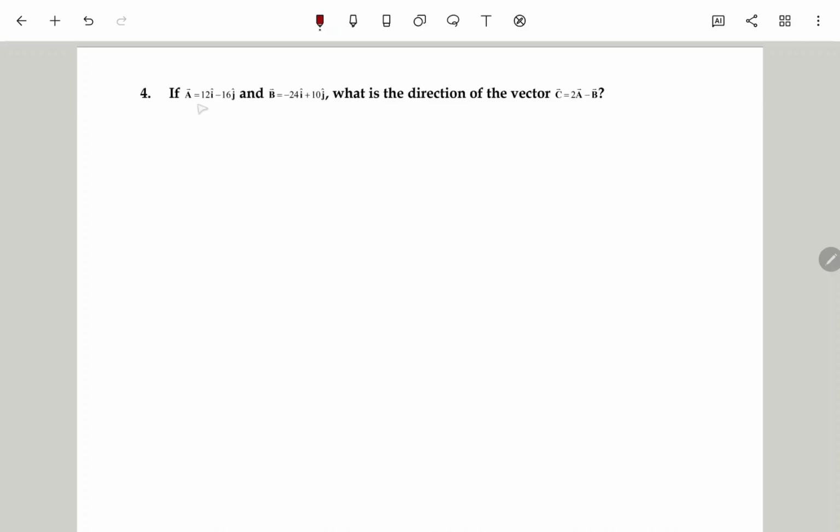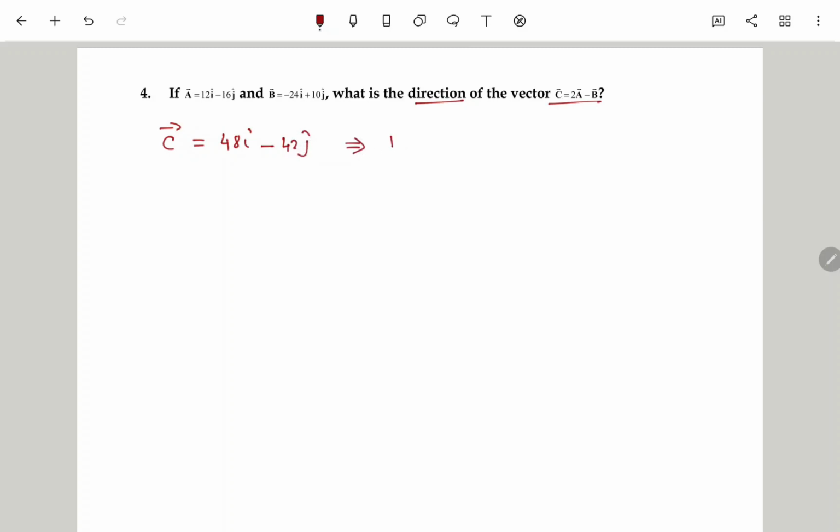Another case: if vector A equals 12i hat minus 16j hat and vector B equals minus 24i hat plus 10j hat, what is the direction? It's the same question as before, but in this case we look for the direction of the vector C equal to 2A minus B. We just found vector C equals 48i hat minus 42j hat.